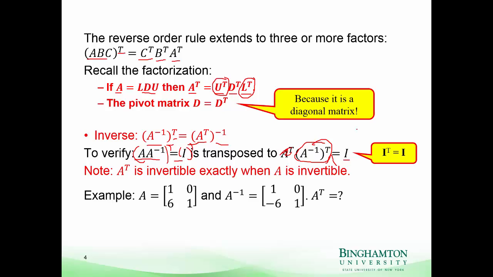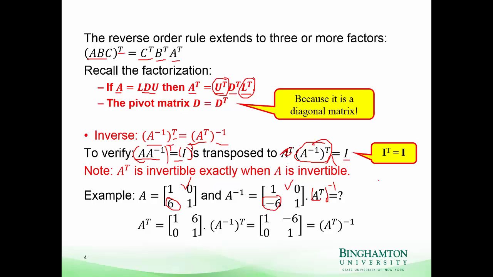So here's an example. I've got this matrix, and here's its inverse. Hey, we should know how to do that. That's nothing more than an elimination matrix, and we know that the inverse of an elimination matrix, you just change the sign on that. So what is, this really should, I think, say A transpose inverse.